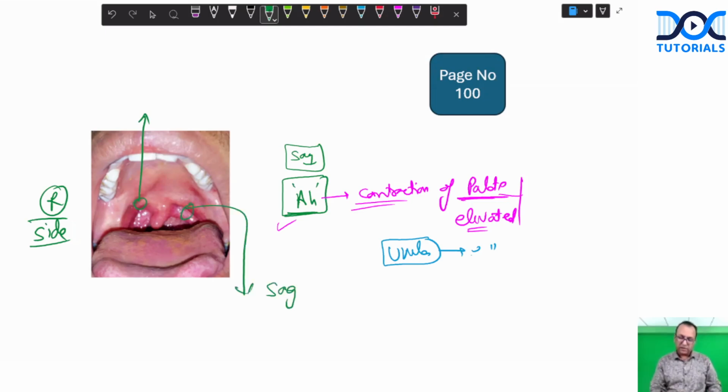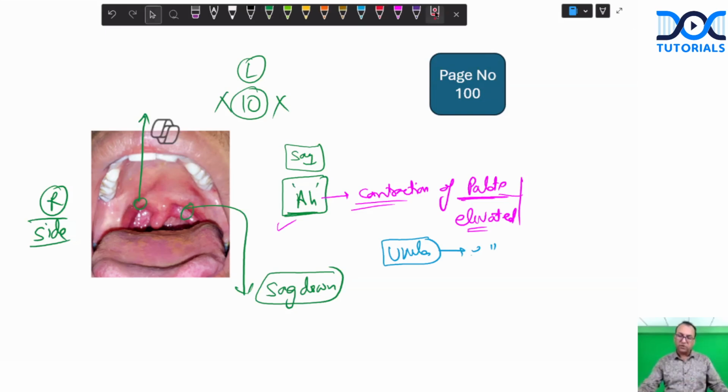What is happening here? The problem is that the 10th nerve is not working on the left side. If the 10th nerve is not working on the left side, then the left palatal muscle cannot elevate. It will sag down compared to the normal right side, which is elevating.